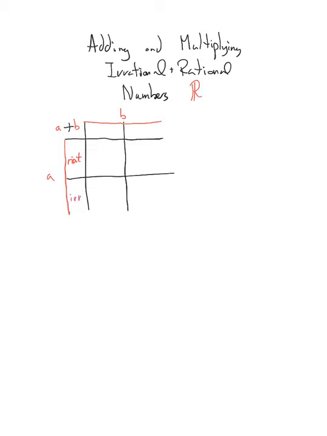Maybe I'll do the labels first. And B could be rational or irrational. So let's explore what happens here.